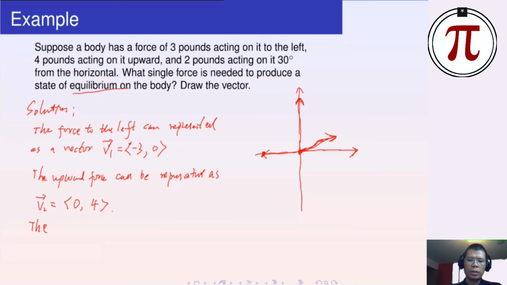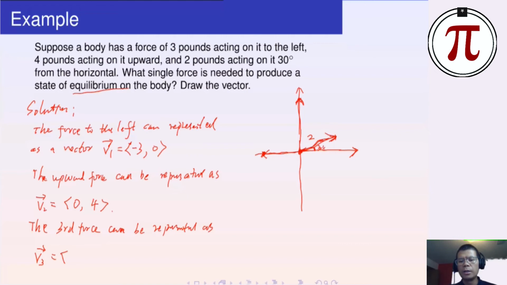And the 30 degree angle is for the third force, which can be represented as V3. What is the coordinate of this one? The 2 pound is the magnitude, that means the length is 2, and this angle is 30 degrees.